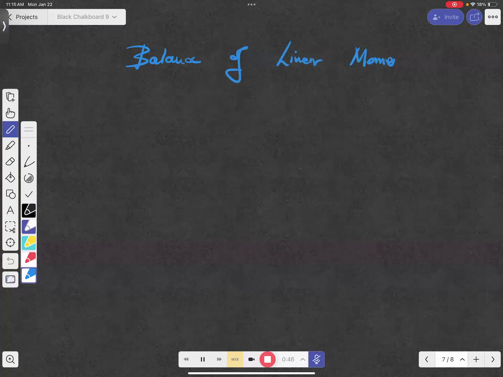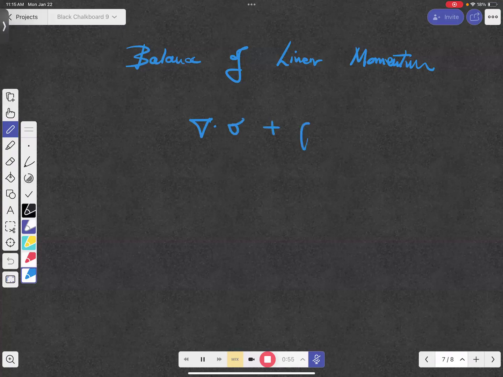For solid? Yeah, divergence of sigma plus the gravity, the body force, equals... Very good. How many have seen that before? Okay, that's good. If not, that's fine, I'm going to explain it. So what does this triangle mean?